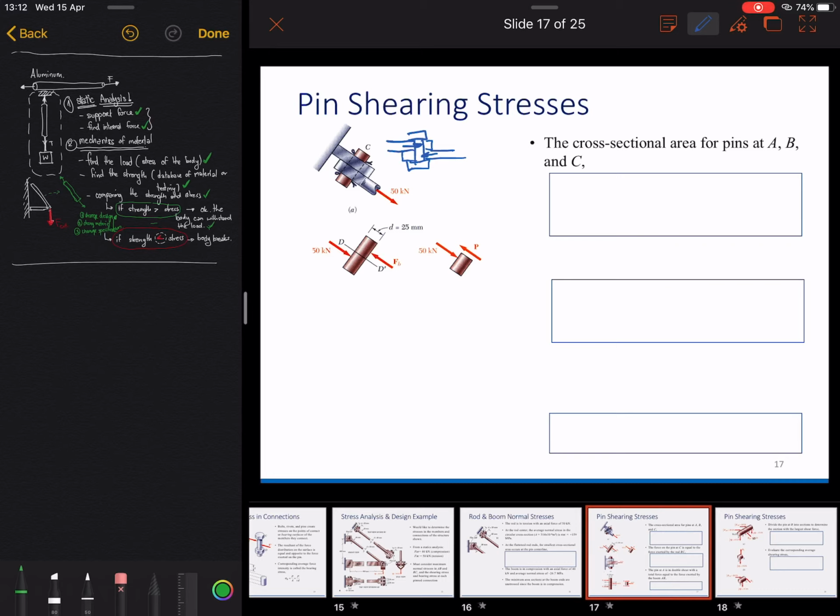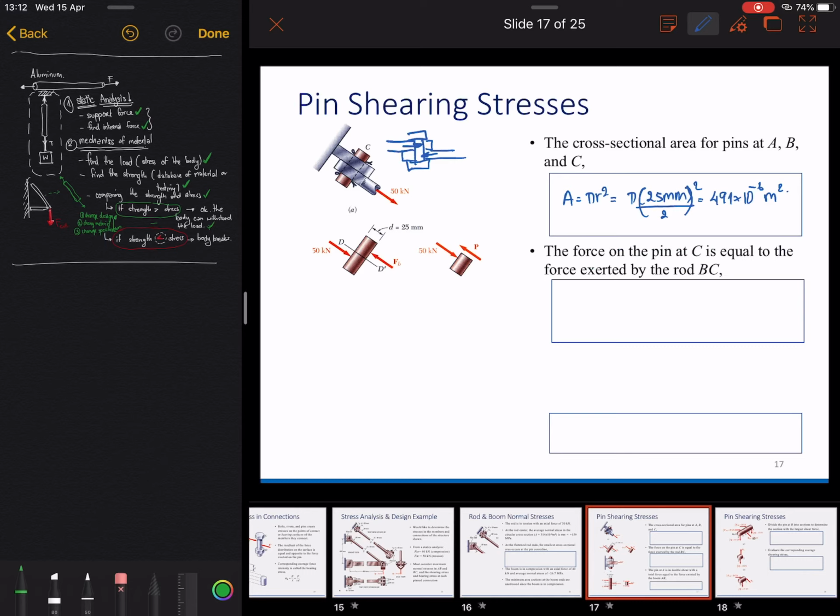First we have to find the area for pin C, and the area in this case is pi r square, equal to pi times 25 millimeters over 2 squared, because here is the diameter, and it is equal to 491 millimeters square.